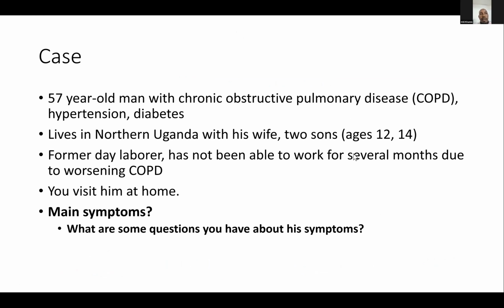This patient lives in northern Uganda with his wife and 2 sons aged 12 and 14 years. A former day laborer, he has not been able to work for several months due to worsening COPD. You visited him at home. Main symptoms.